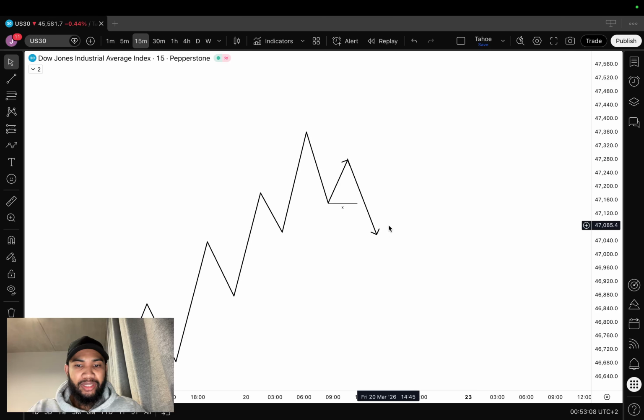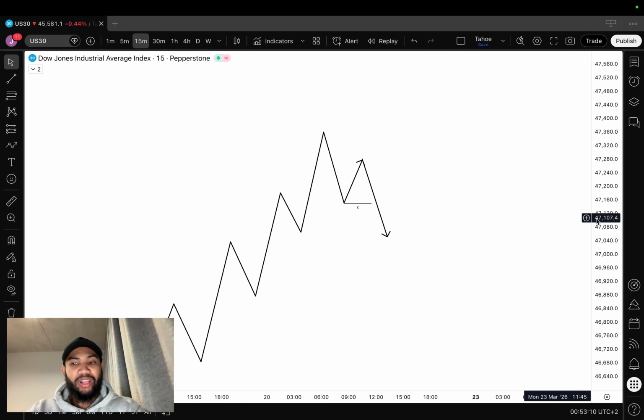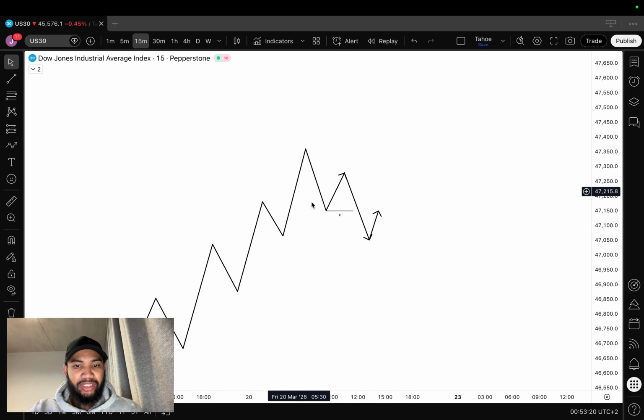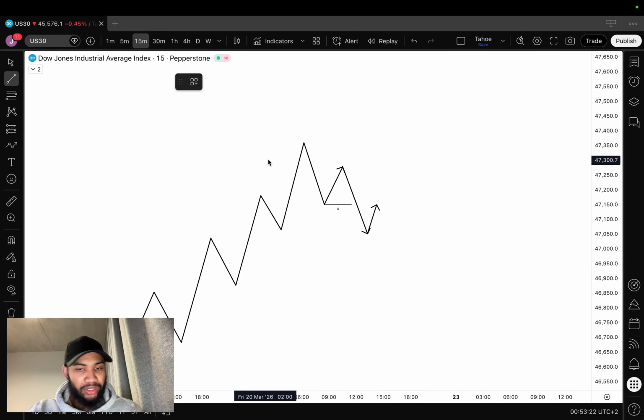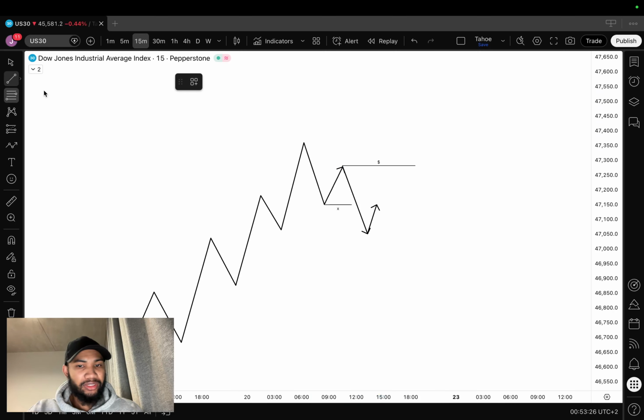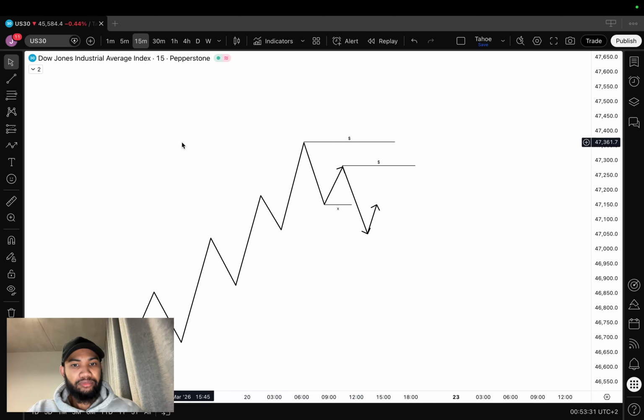And then after this, all I need is for the market to again push up and grab at least one form of liquidity. In this instance, because we're pushing down, liquidity will be present above the highs. Liquidity will be resting here, liquidity will be resting over here.